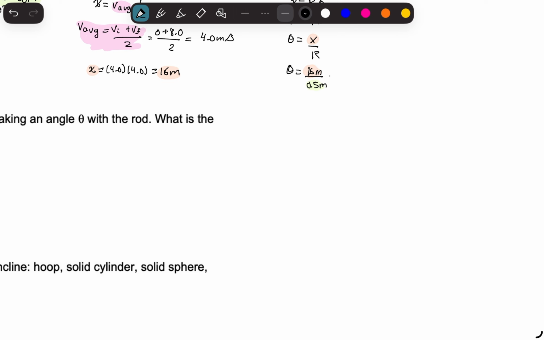We'll remove these units. That is going to give you 32 rad, because angles are measured in radians.